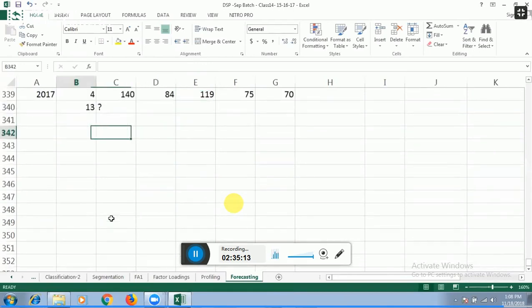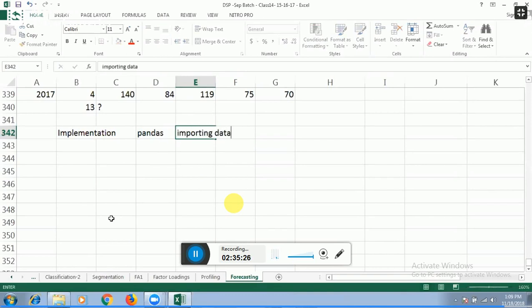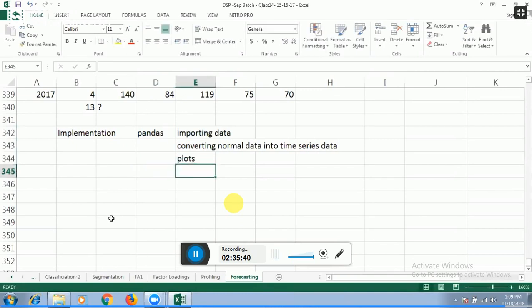As you know, for implementation of time series in Python, of course pandas will be helpful for all data indexing, importing data, or converting normal data into time series data, because end of the day you need to convert every data into time series data, and of course doing plots and understanding different aspects of time series, like averages, etc. These are a few things which we can do with the help of pandas.